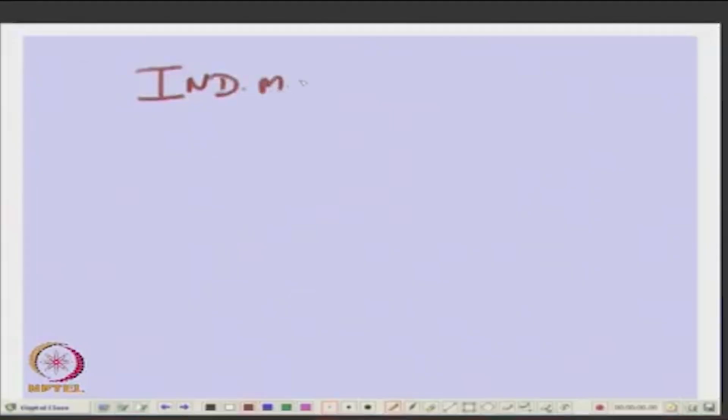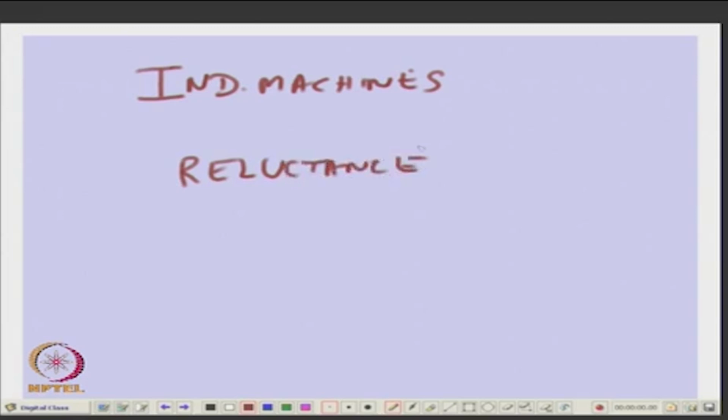Okay. So, broadly what we have discussed here is induction machines, right. Then we have discussed reluctance machines, and then permanent magnet. This is what we have broadly discussed.